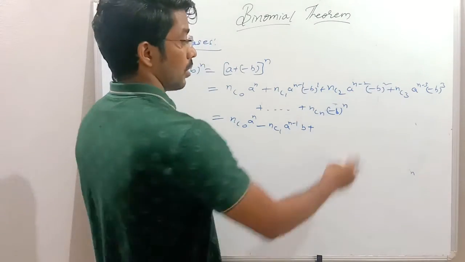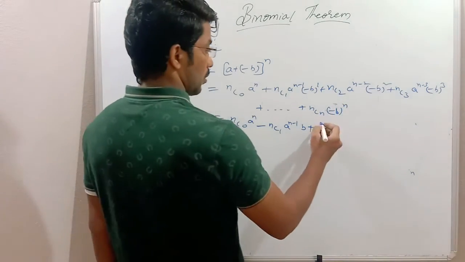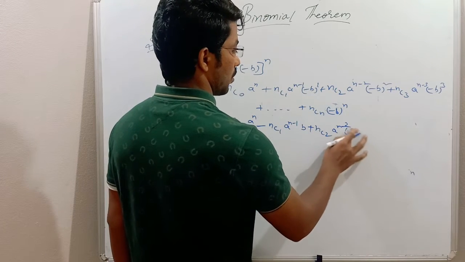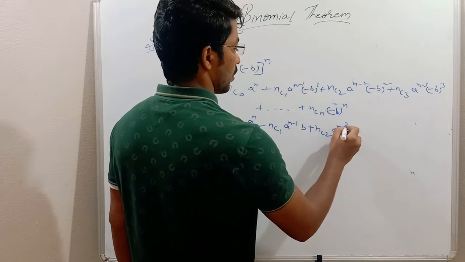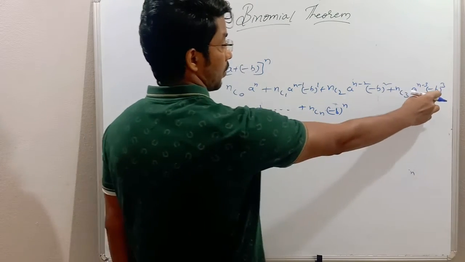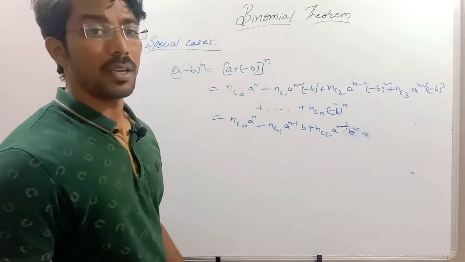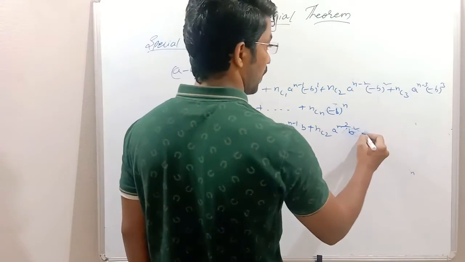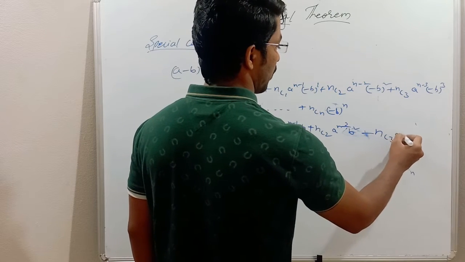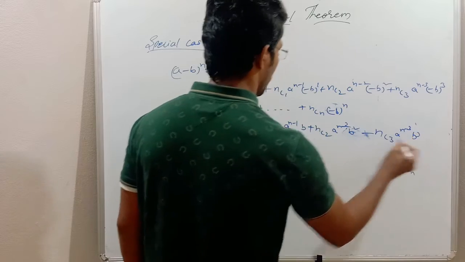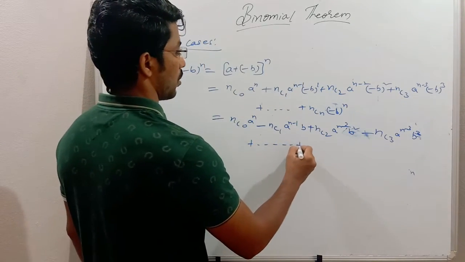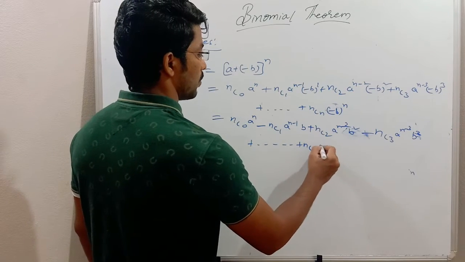As it is even, it becomes minus into minus, plus, so plus nC2 a^(n-2) b^2. Next, as it is odd, (minus b) whole power 3, minus into minus, we get minus, so instead of plus you put minus nC3 a^(n-3) b^3, plus and so on, nCn (minus b) whole power n.